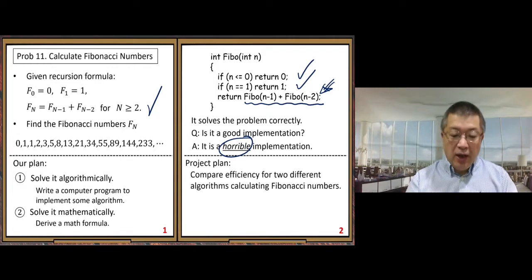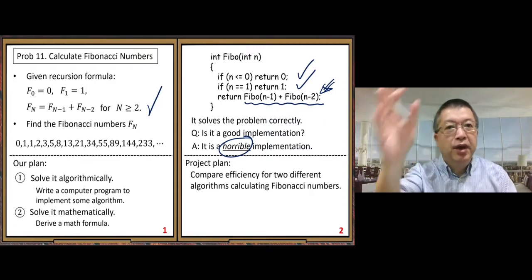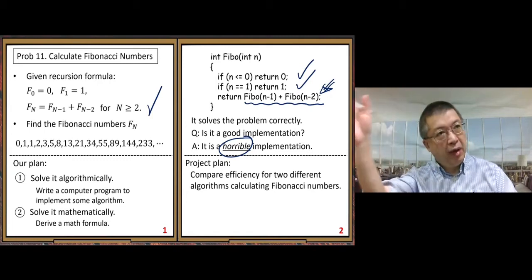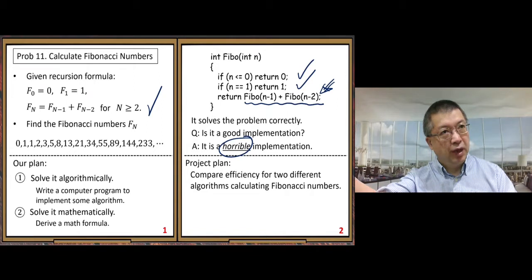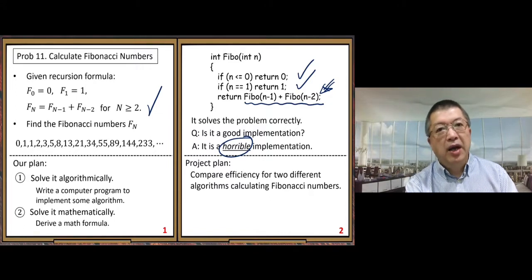In our second project, we need to compare the efficiency of different algorithms. Probably more than 2, probably 3 algorithms for calculating Fibonacci numbers.